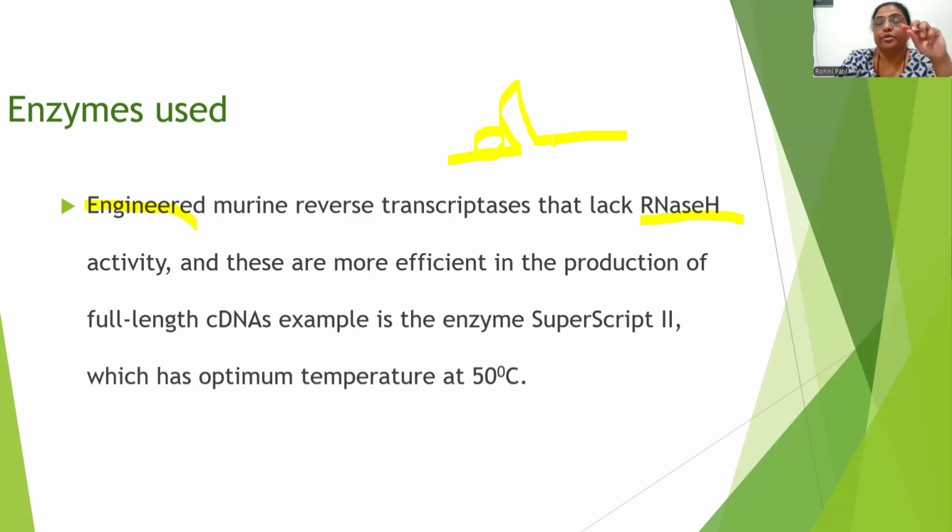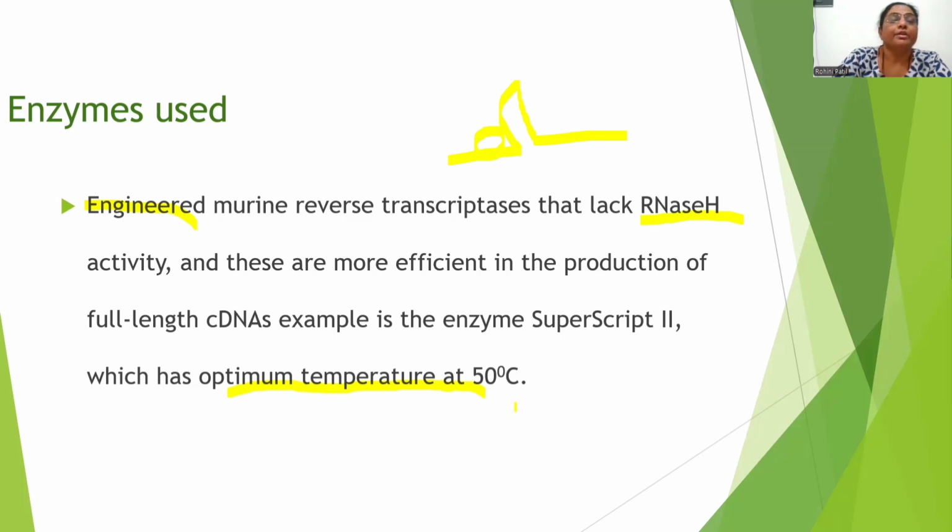So to solve this problem, the reverse transcriptases are engineered in such a way that they don't have the RNase H activity, and the optimum temperature of the reverse transcriptases is shifted from 37°C to 50°C. So at 50°C, no secondary structures are going to be formed. And as there is no RNase H activity, the template is not going to be cleaved by the enzyme.